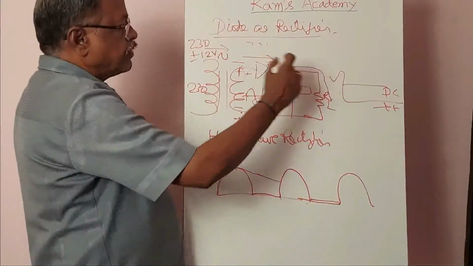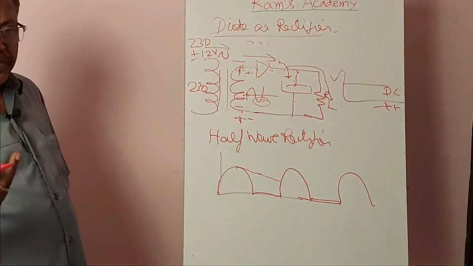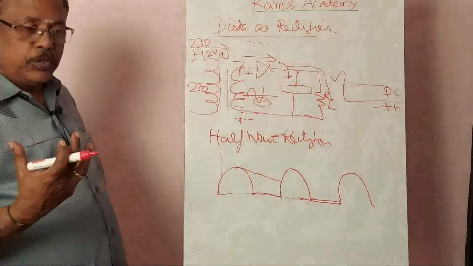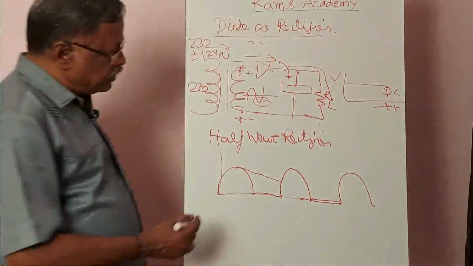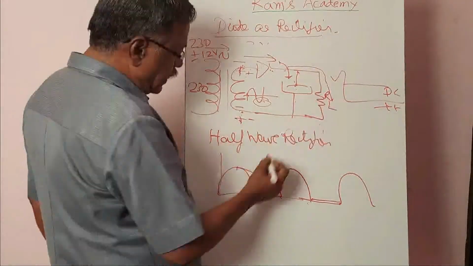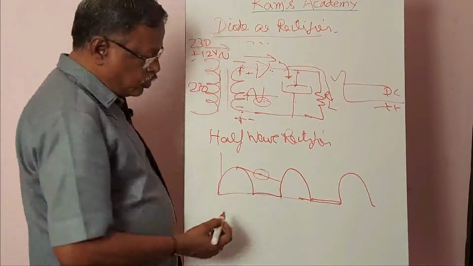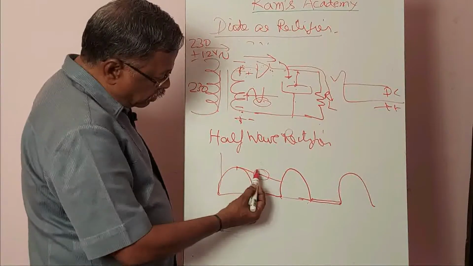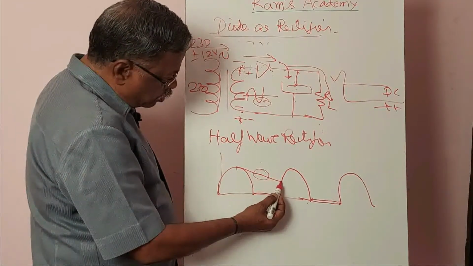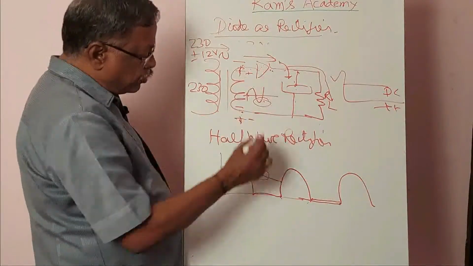But the capacitor doesn't have sufficient charge to provide sufficient current for a longer time. Therefore, the charged voltage will come down toward 0 with a slope. So, the maximum charged voltage will be coming down to this voltage. And for the next half cycle, we know that the diode is going to conduct.